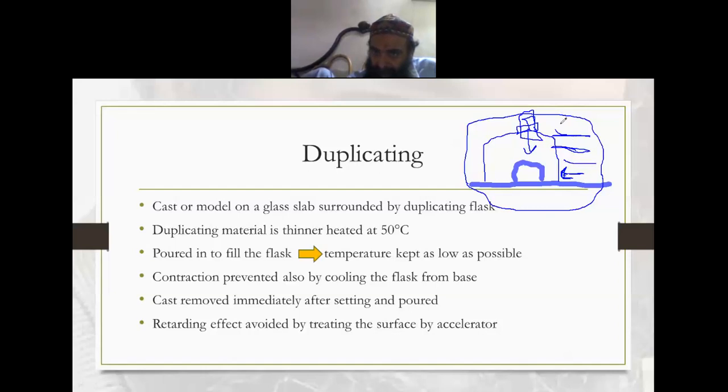This is the base and this is the upper end, or head, of the flask.